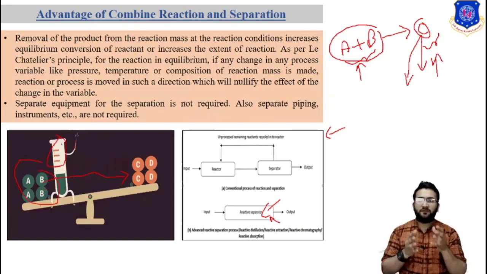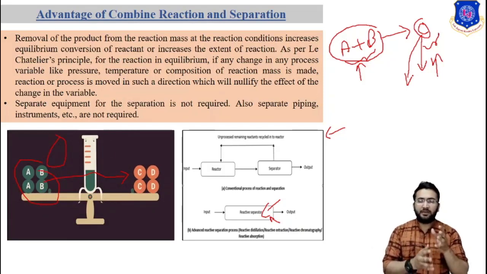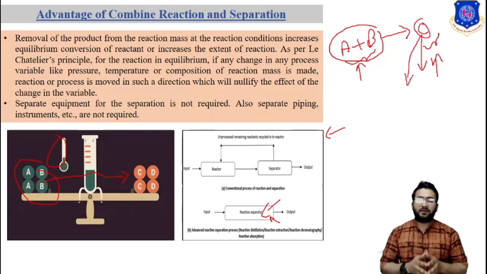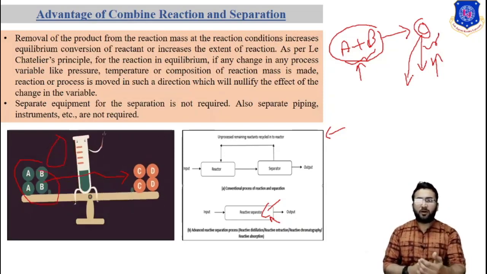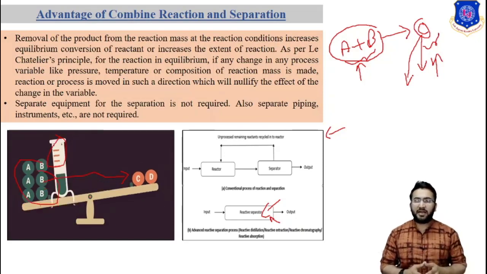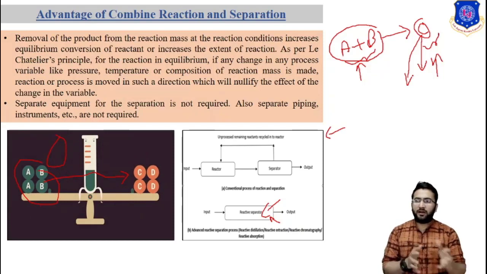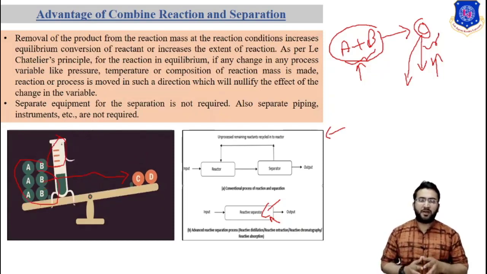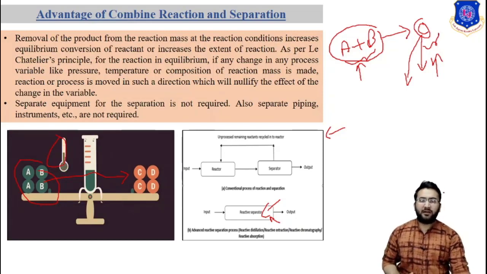So this is one advantage of reaction and separation occurring in one vessel. If it occurs in one vessel, then we can separate the product and unreacted reactant continuously so that the product forms more and more. The second advantage is that a separate equipment for separation is not required. Also, separate piping, instrumentation and other auxiliaries are not required.